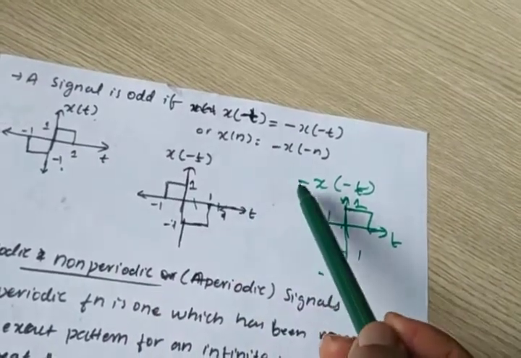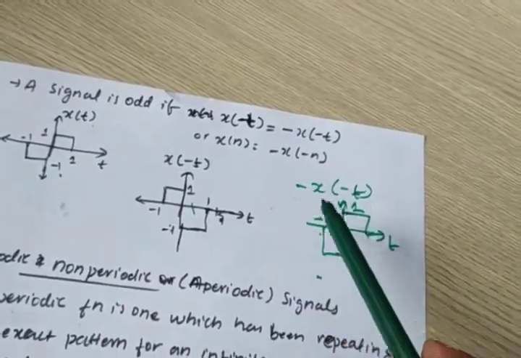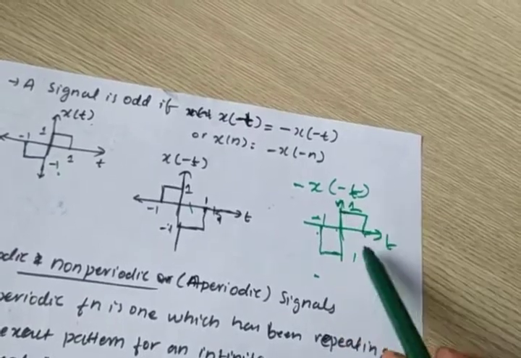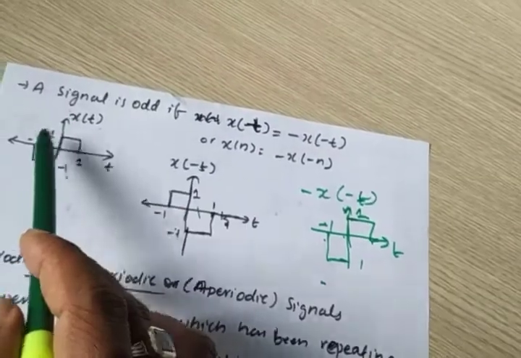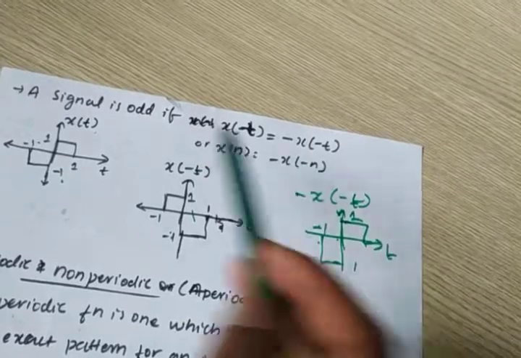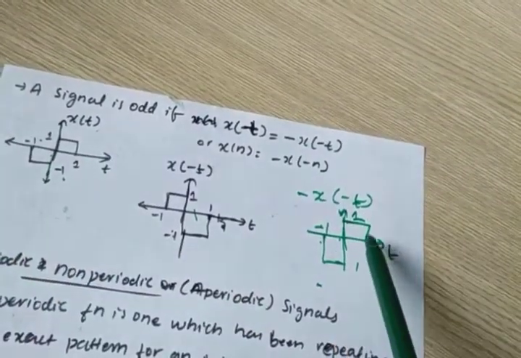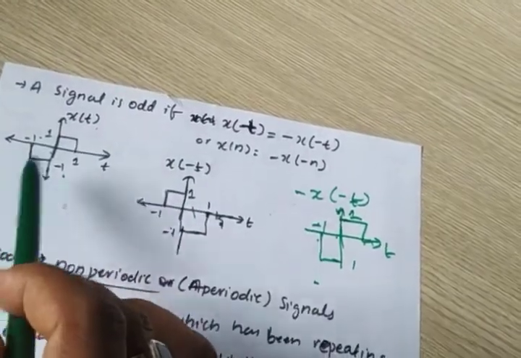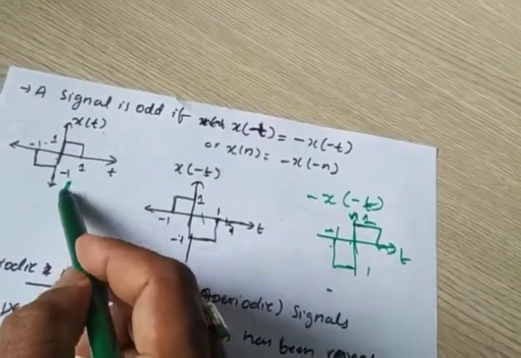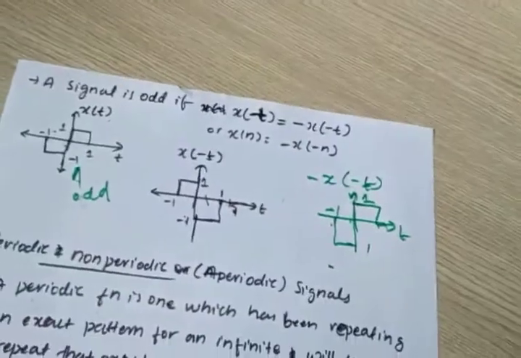If you flip again with a minus, so x of t and minus x of minus t, you write x of t, then take minus of x of minus t. If both are equal, then we can say that this signal is an odd signal. Okay.